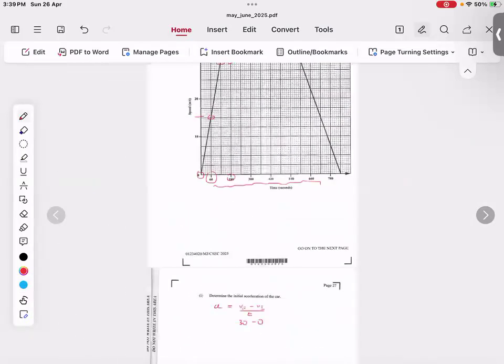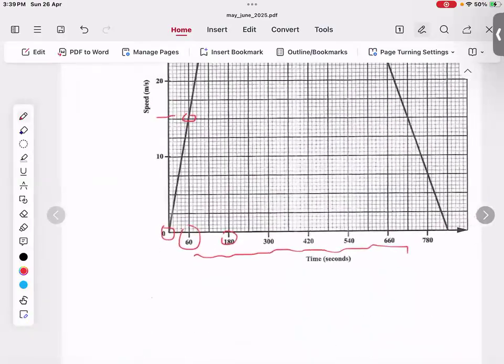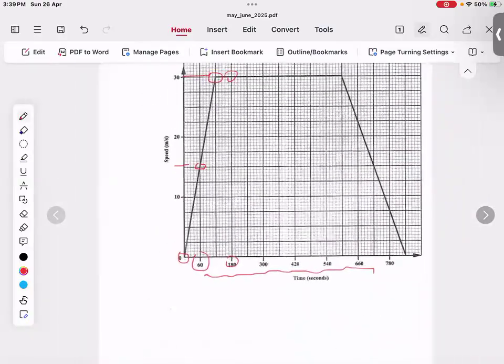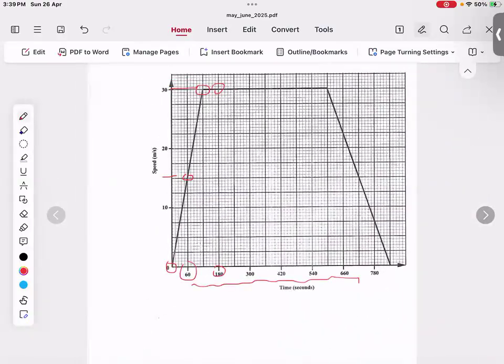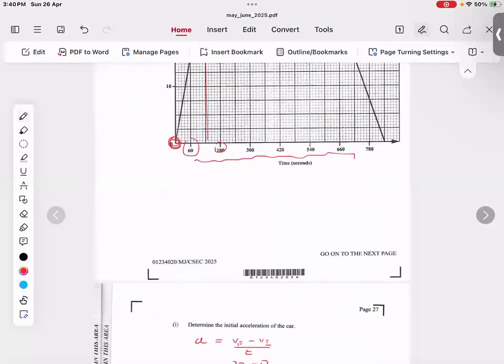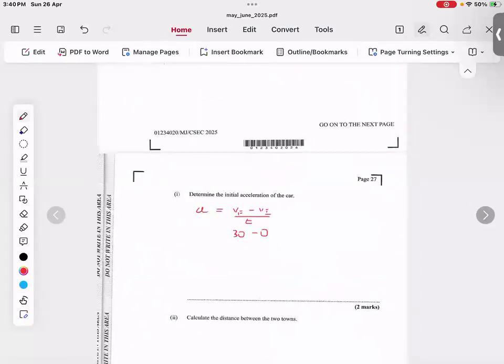And the time it took to get from 0 to 30 is approximately, let me see here, from the time it took to get from 0 to right here, that's about 120 seconds.